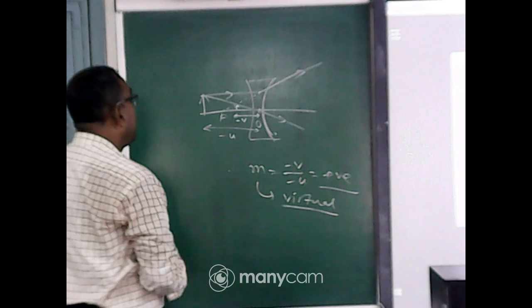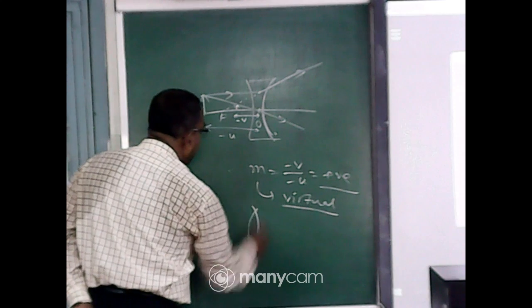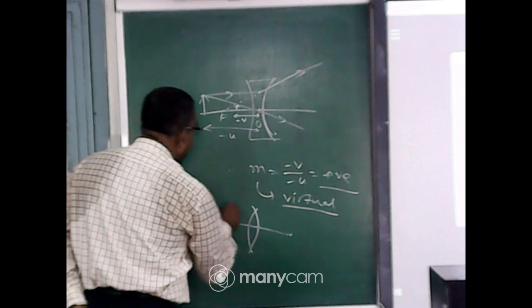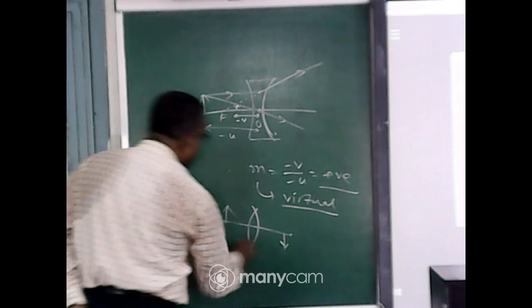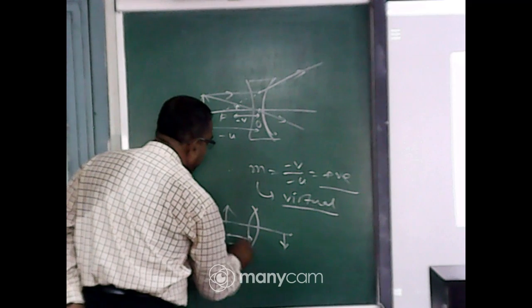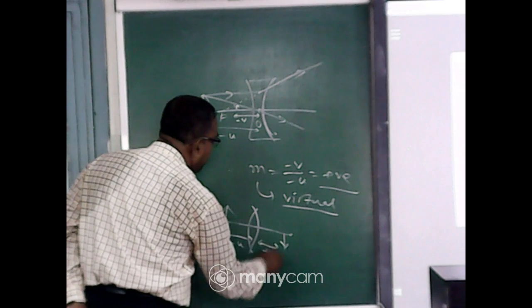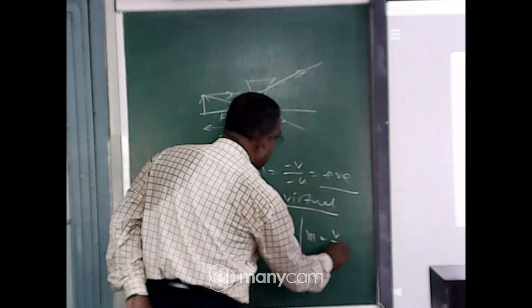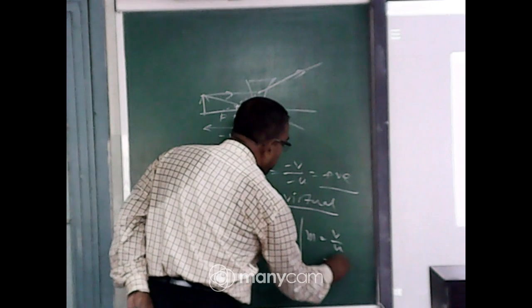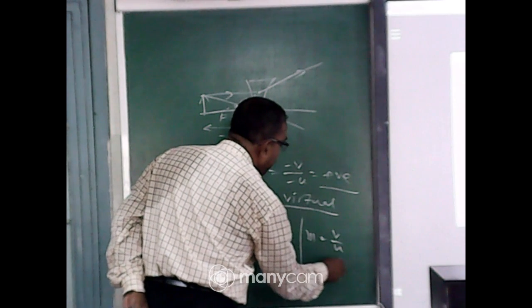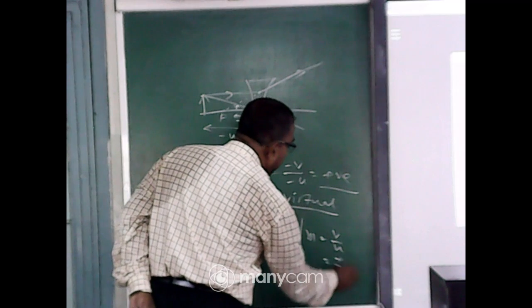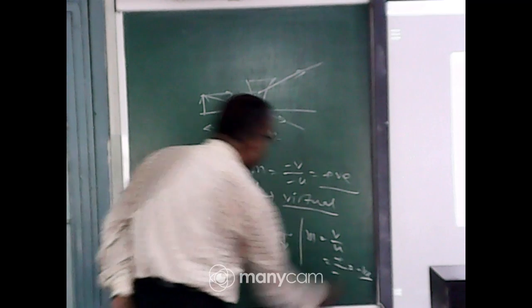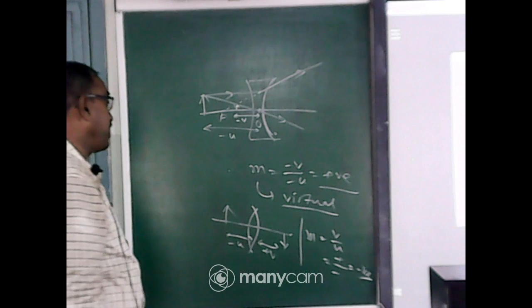The positive means it will be virtual. Okay. When you see the image on this side and that side, this side is negative and that side is positive. So M equal to V by U, V by U equal to positive by negative, that will be negative. My dear student, you check it.